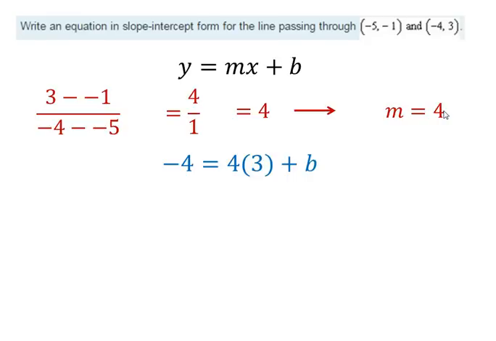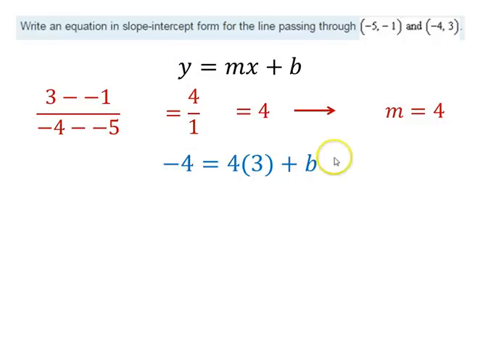So what I'm going to do is pick one of those points. I picked the point negative 4, 3. And I'm plugging that in now for the x and the y. I know that an x value is negative 4, so I'm going to take this negative 4 and plug it in for x. And I know that the corresponding y value that goes with that negative 4 is 3, so I'm going to take this 3 and plug it in for y.